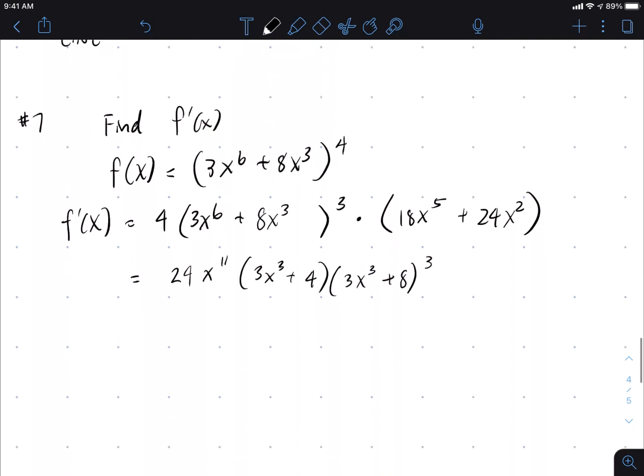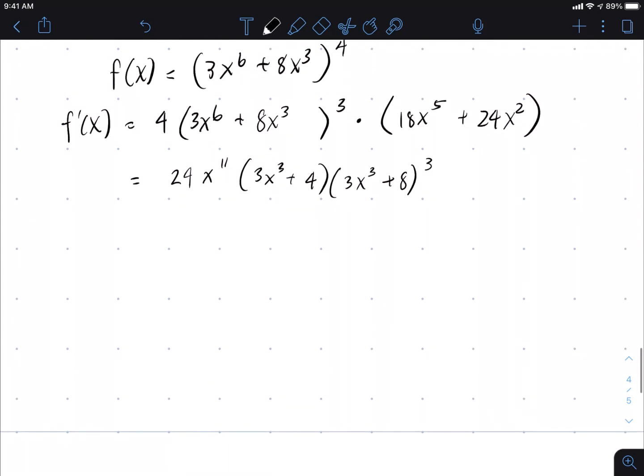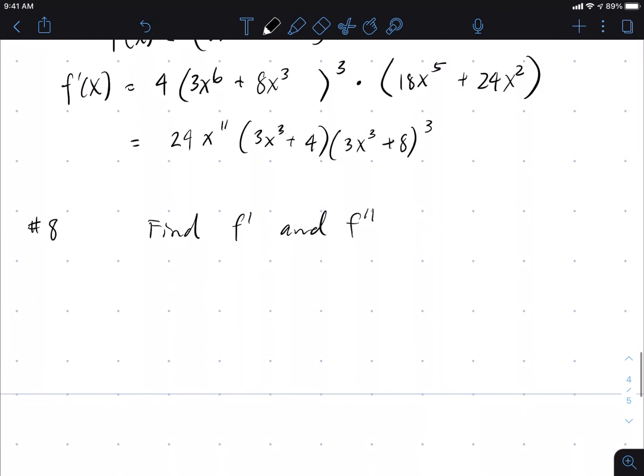All right. Here's the next one. Again, find the first and the second derivative, and let's say I gave you y equal to, I can write it in terms of function notation, that's fine, e to the 5e to the x.